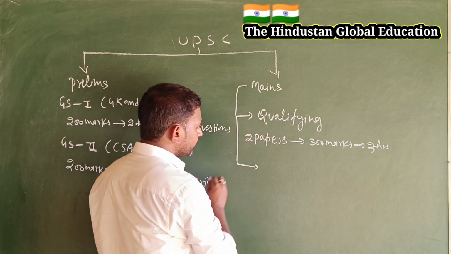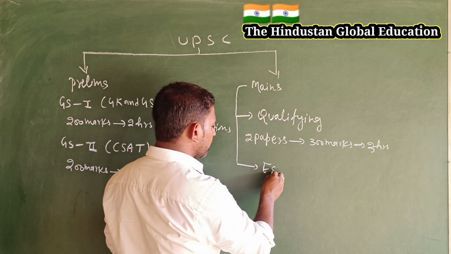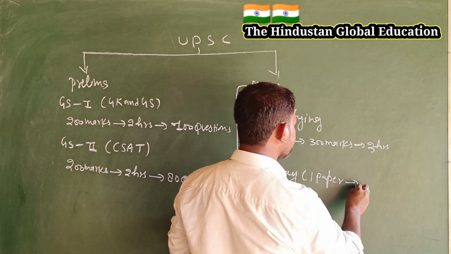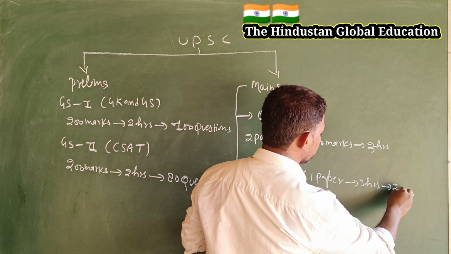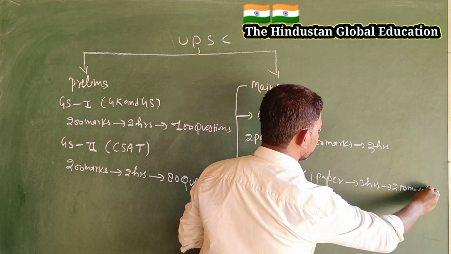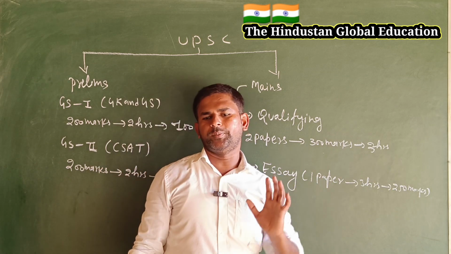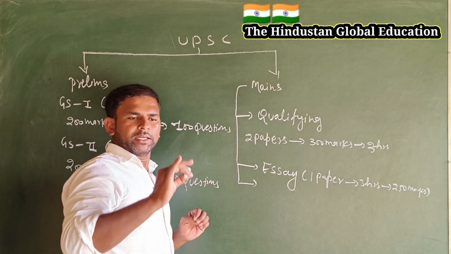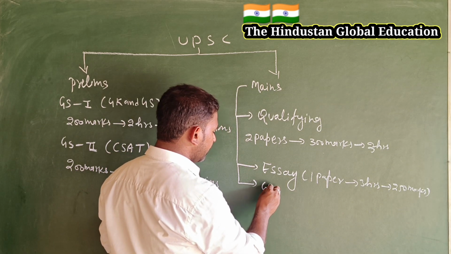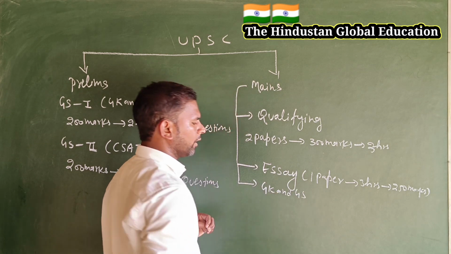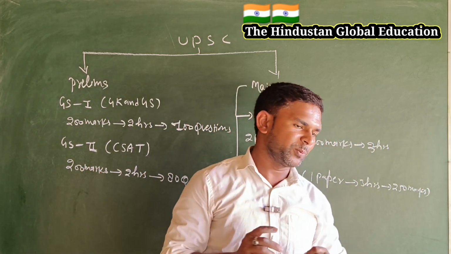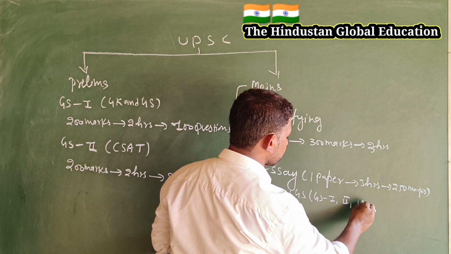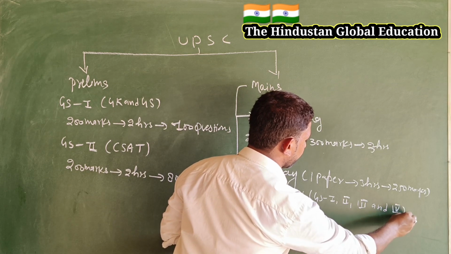After qualifying these papers, you will face another paper, the essay writing. One paper, 3 hours, 250 marks. After this you will face GK and GS again. There are 4 papers: GS first, GS second, GS third and GS fourth paper.